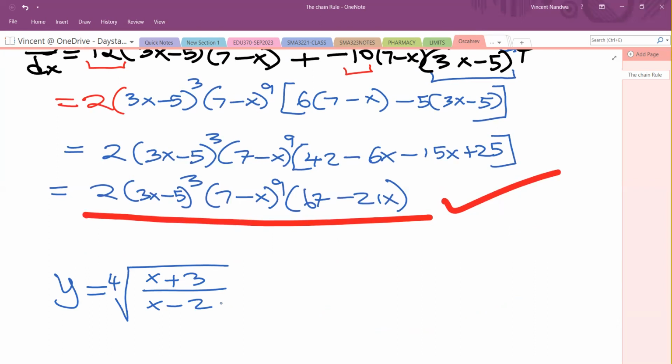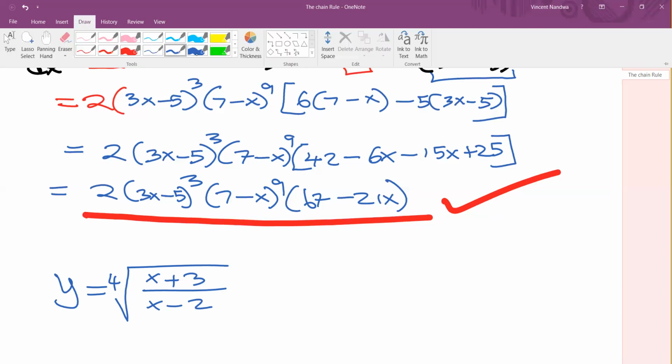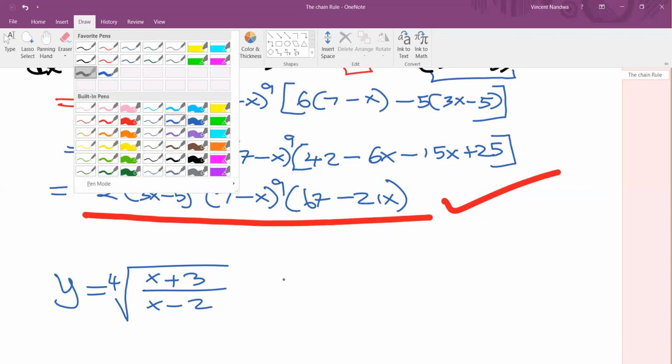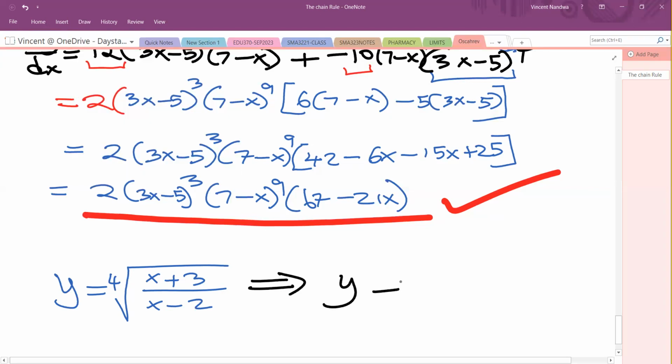Now, 4th root means raised to power 1 over 4. So unasema this problem simply means this implies that y is x plus 3 over x minus 2 raised to power 1 over 4. Okay?